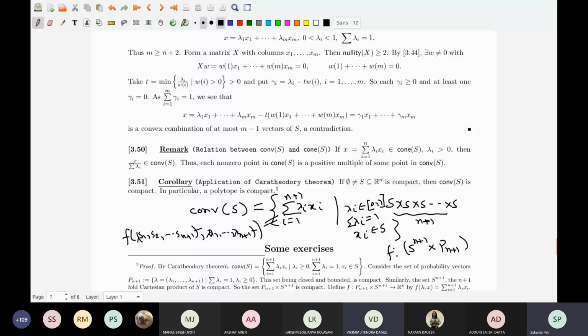Can you give one example where it has only 2 vertices? If one of the points is 0, everything 0, and the other point is a unit vector in any direction. And taking them as distinct points, you can take them actually on a line segment. Exactly. Only the 2 end points will remain, that will become the vertices.